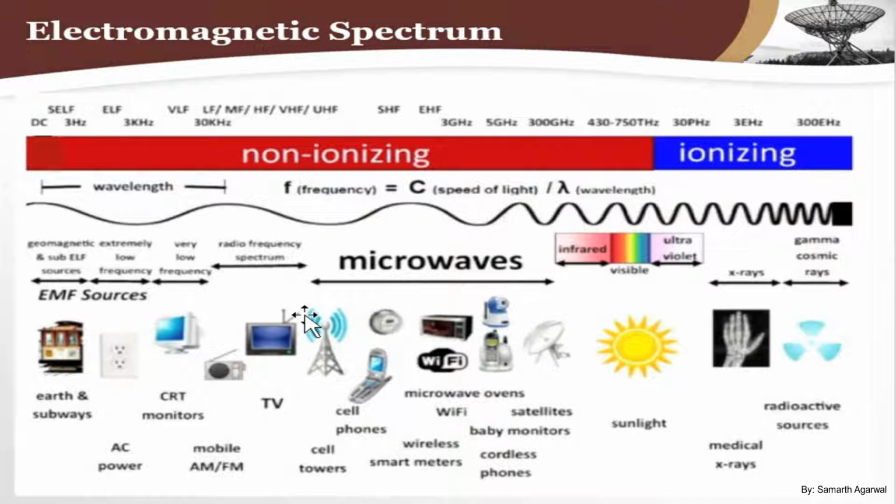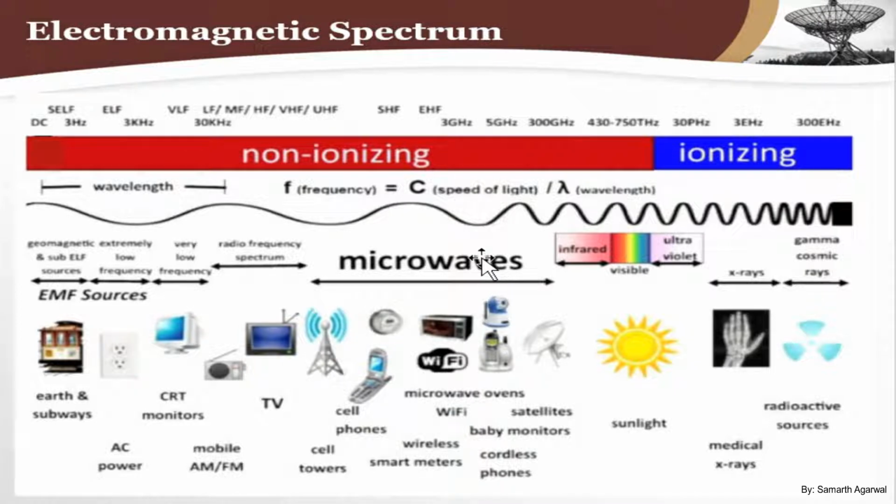Then we come to the microwave region, where cellular and Wi-Fi communication is established. Further, cordless phones and landline phones operate in this microwave region, which is around 6 gigahertz.